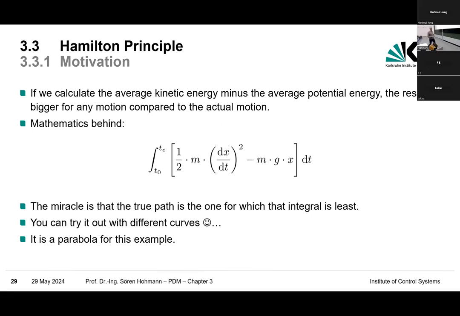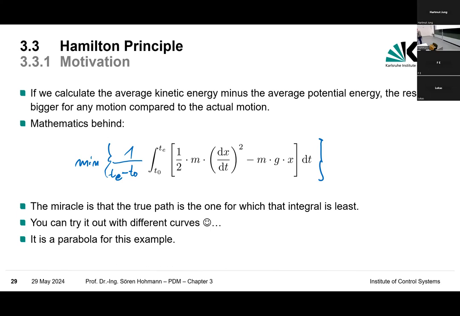So that's what you see here. We minimize 1 over (T_E minus T_0) times the integral, and take the minimum of this. And then we're fine.